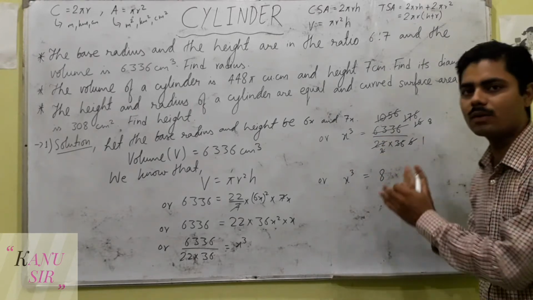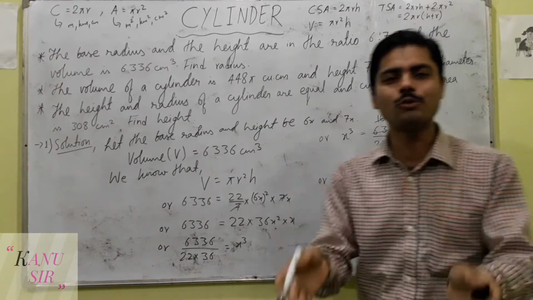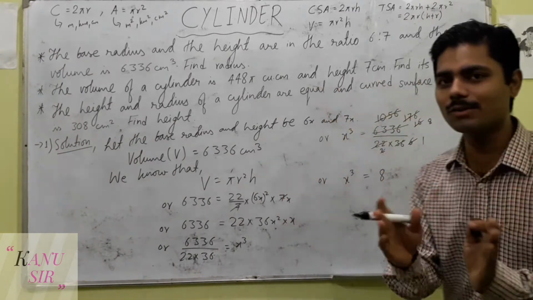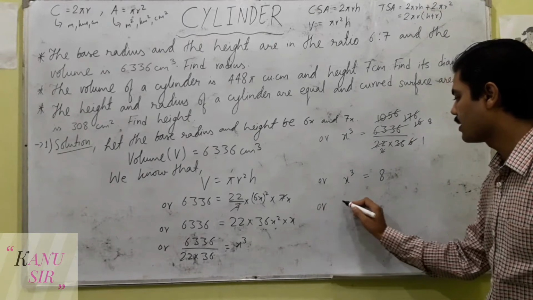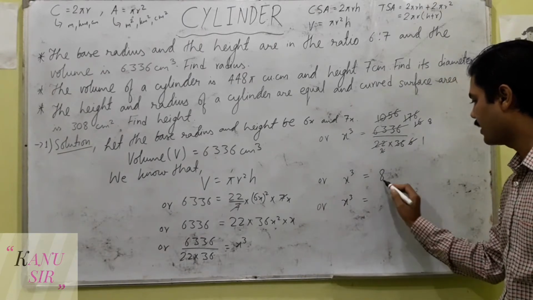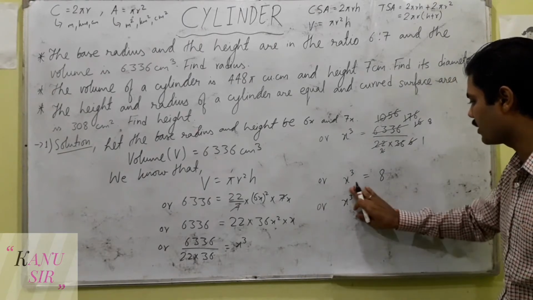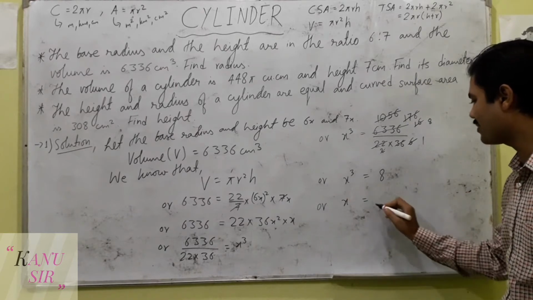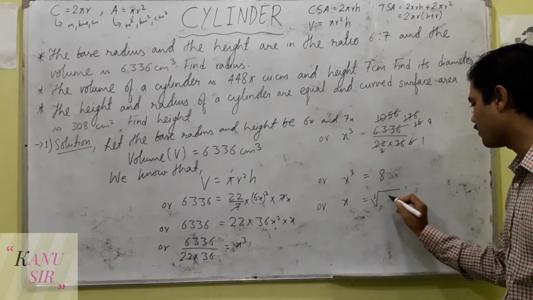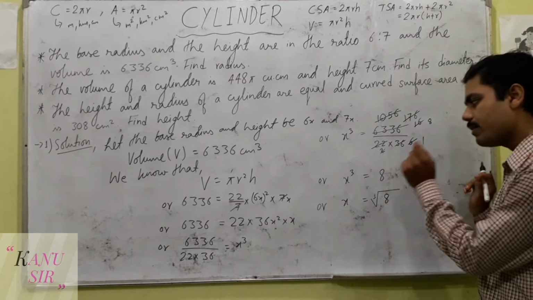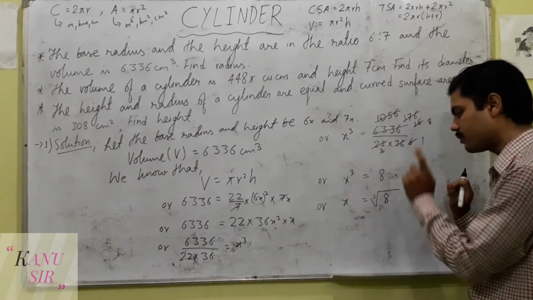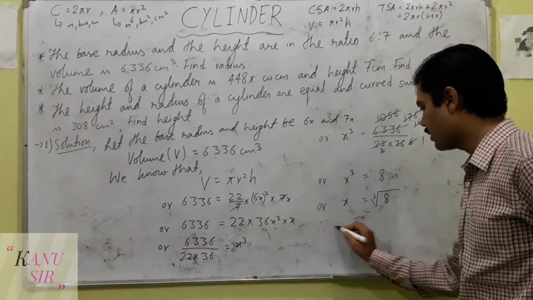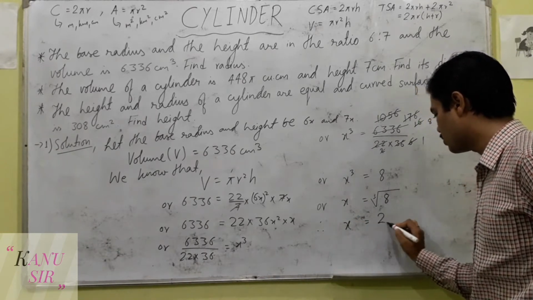If you still have not understood, then your last option is to use your calculator, but I suggest not to use the calculator, so the hint is here. x cube, 8 will also be written as 2 cube, or you can remove cube from one side, then on the next side it comes cube root of 8. Whenever you remove the square, it comes square root. If you remove cube, it will come cube root. And the cube root of 8 will be 2.